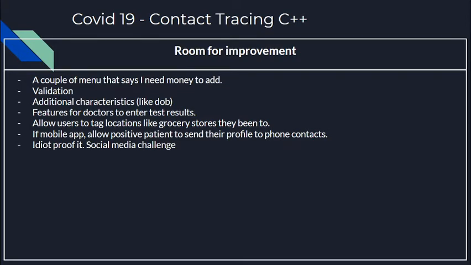You can add additional characteristics for people, like the date of birth field. That's going to be important, because then you want to do age and this and that, and you want to pull and analyze the data.